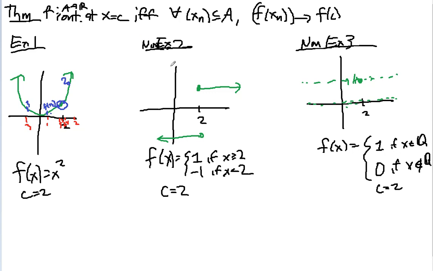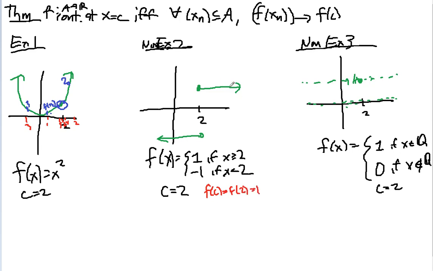This is my non-example. f of x equals 1 if x is bigger than or equal to 2, and negative 1 if it's less than 2. So certainly, f of c equals f of 2 equals 1 in this case.